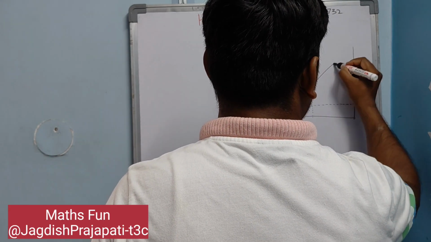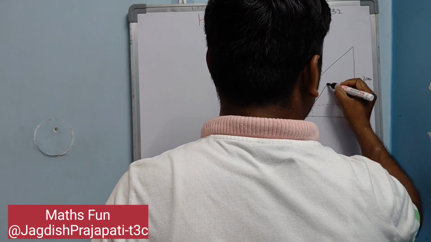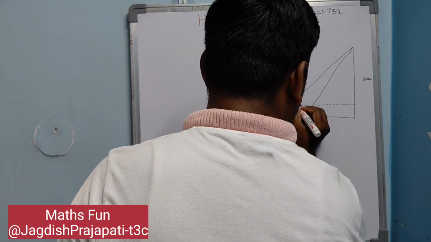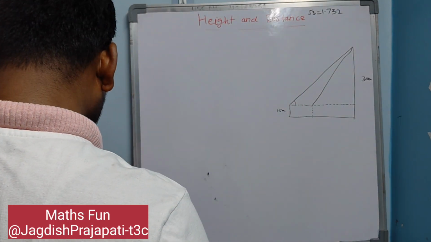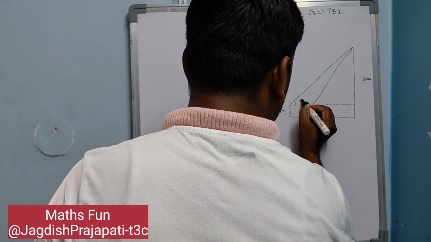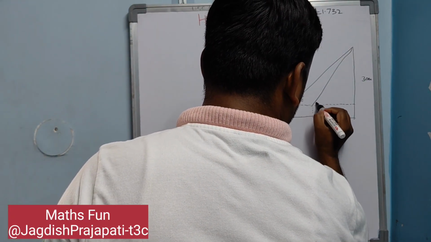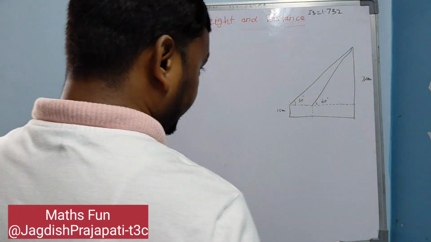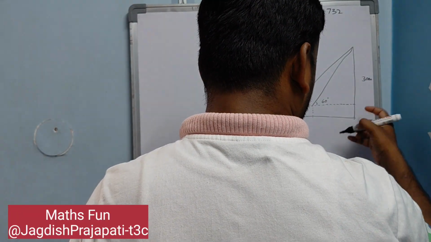So the angle of elevation here becomes this angle. This is 30 degree and this is 60 degree. The total height is 30 meter.